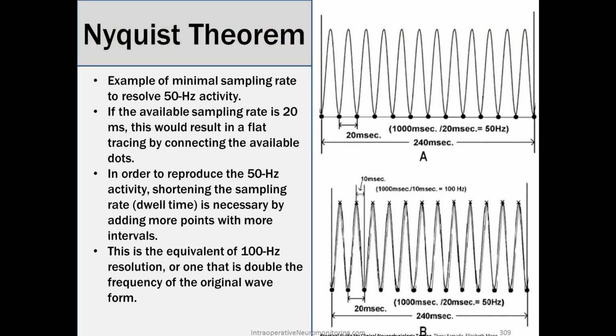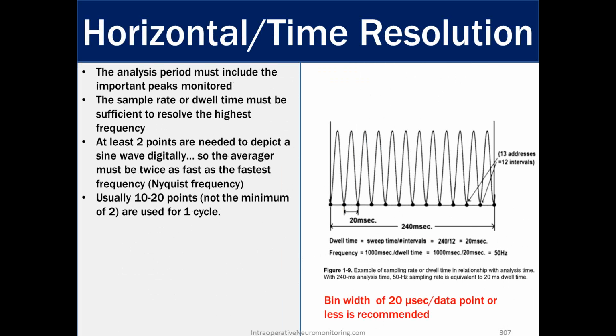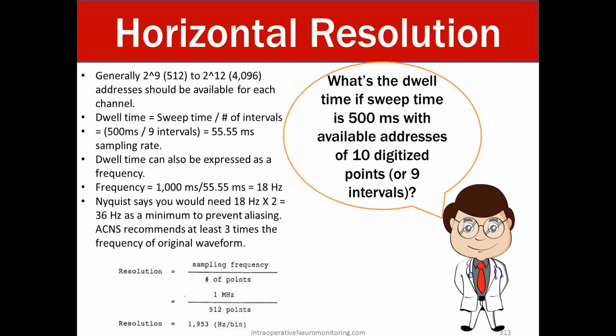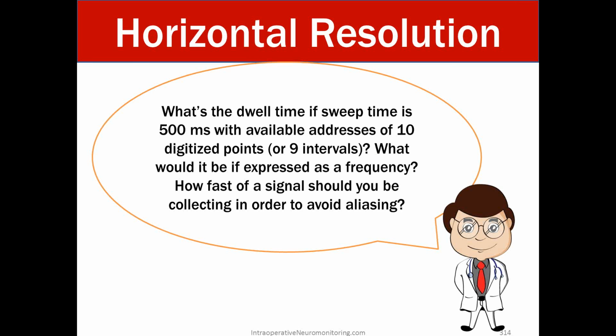If we go back to the picture where we're looking at the different number of addresses, different number of intervals, the dwell time, and the total analysis time, we can now see this in mathematical questioning and how we need to be able to work through it. What would it be expressed in its frequency, and how fast should it be?